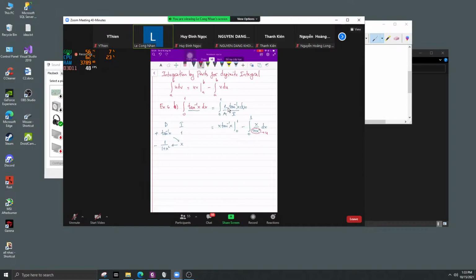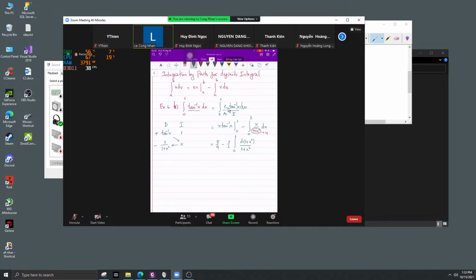And so we can rewrite the second integral. For the first term, plugging x equal 1, we have the inverse tangent of 1, that is pi over 4. Plugging 0, we get 0, minus 1/2 integral from 0 to 1 of the derivative of 1 plus x squared over 1 plus x squared.